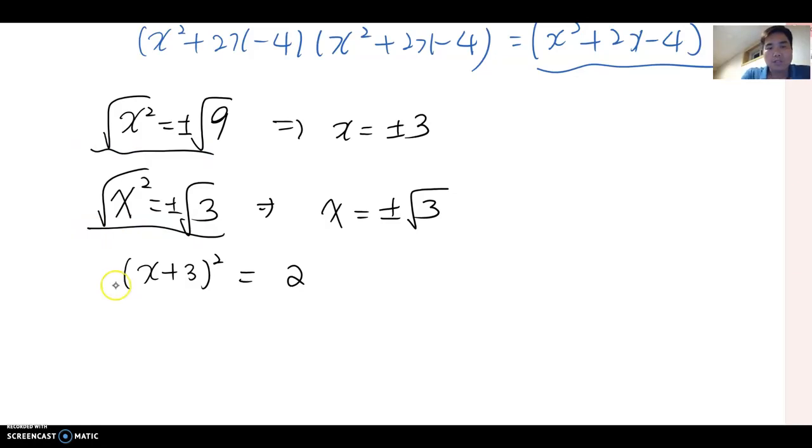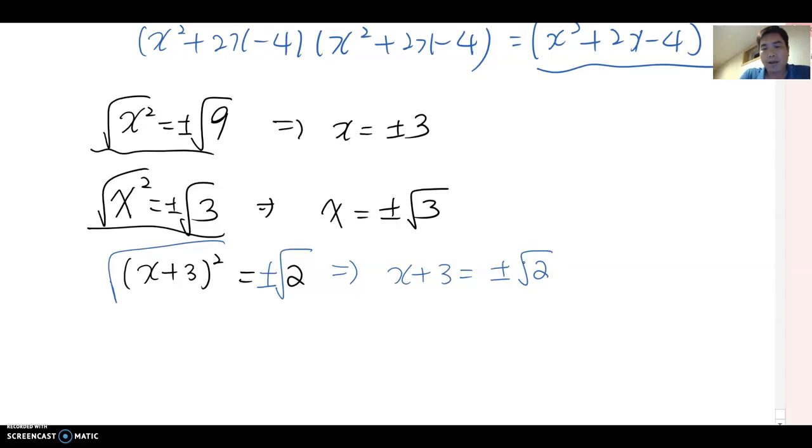Therefore, we still take the square root on both sides, and don't forget plus and minus on the other side. Then this becomes x plus 3 equal to plus and minus square root 2. And now isolate the x term alone, so subtract 3 here. Then you will get x equal to negative 3 plus and minus square root 2.